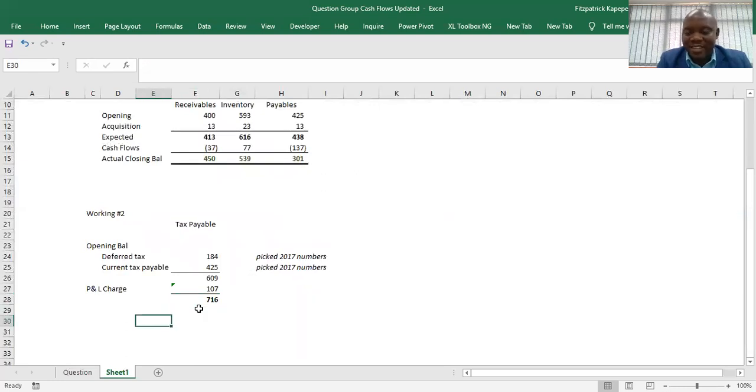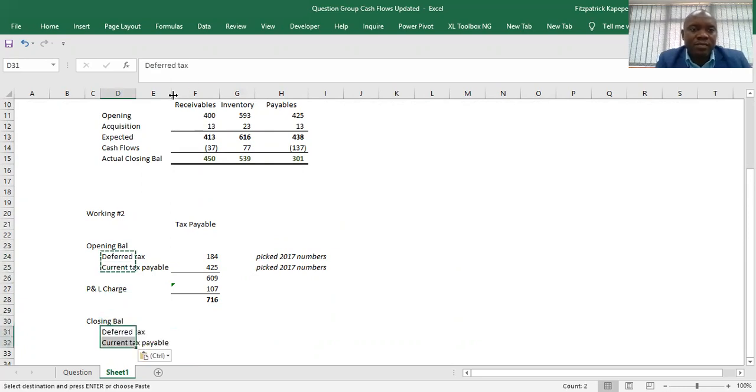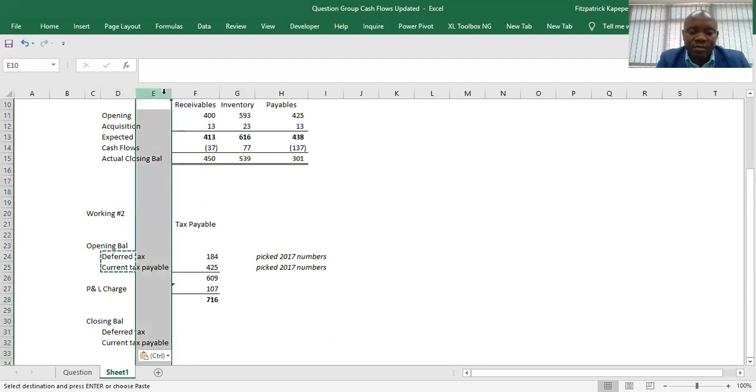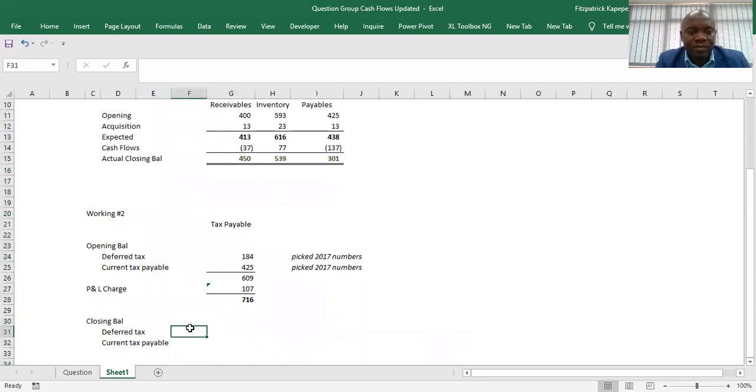But what have you done to check if there are any movements? You have the closing balance. I don't know if it's million kwacha or thousands, I'll assume that this is what is there.